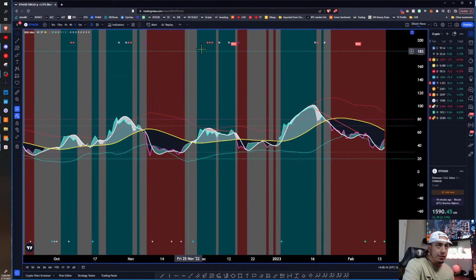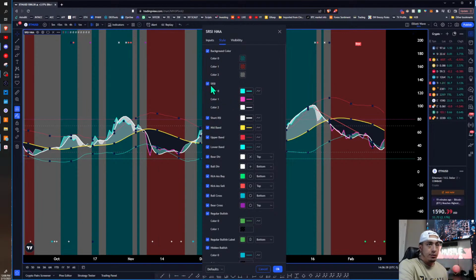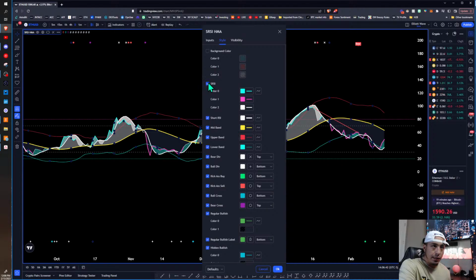I haven't changed the colors of the original stuff on the back side because I have it basically bare bones. So the red background and blue background I have here signifies the same thing this SRSI line is signifying, when it has a bullish blue band or a bearish pink band. So let's get rid of that now that we know what that stands for. SRSI is the line that basically acts like an RSI.